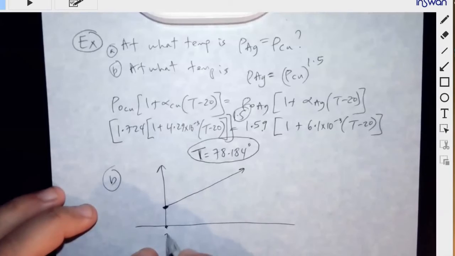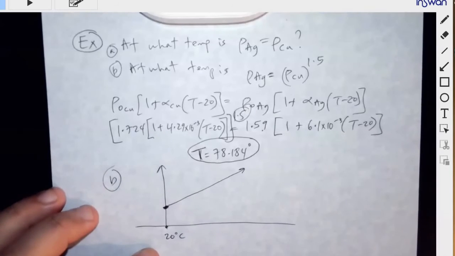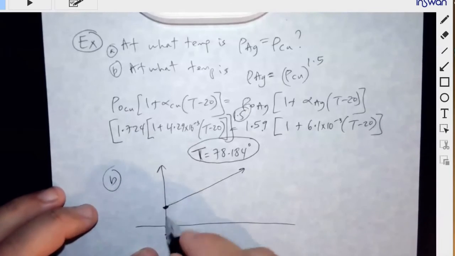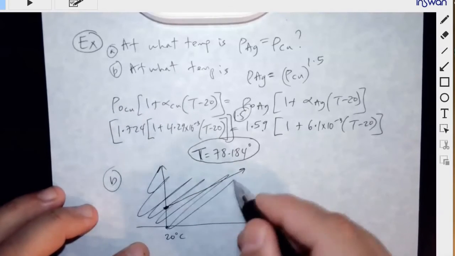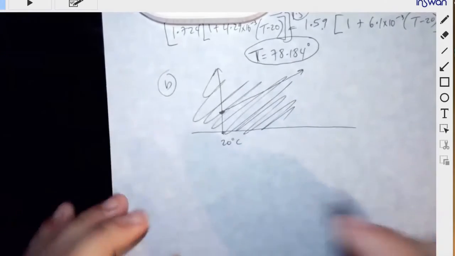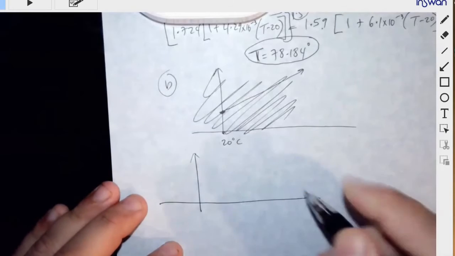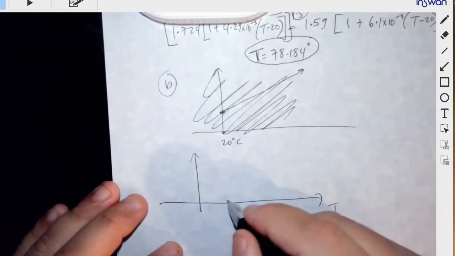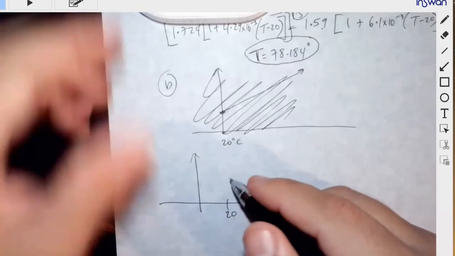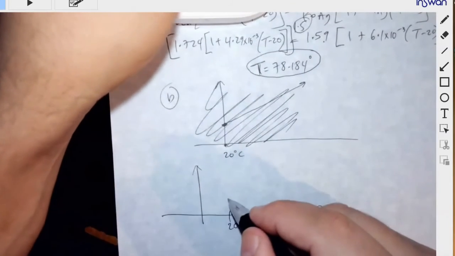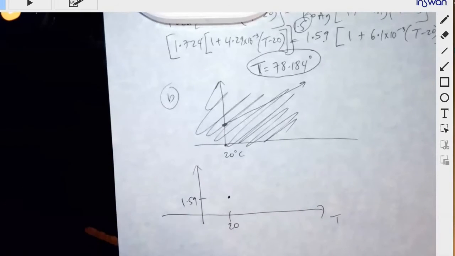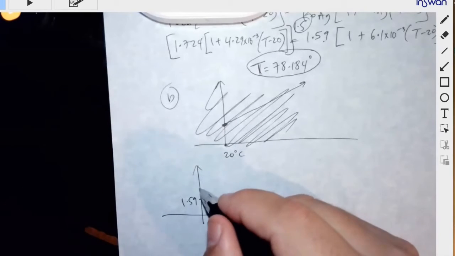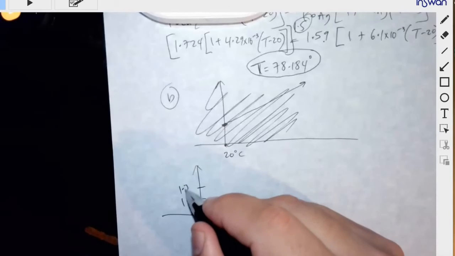Say this is 20 degrees Celsius, and this is the temperature T. At 20, the resistivity of the silver is 1.59 and the resistivity of the copper is 1.724.